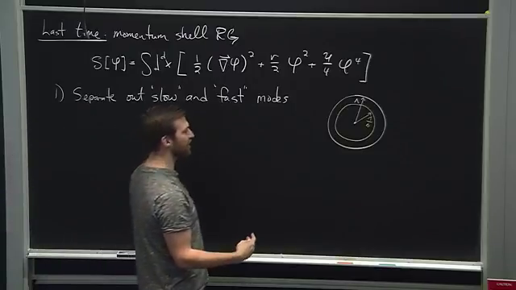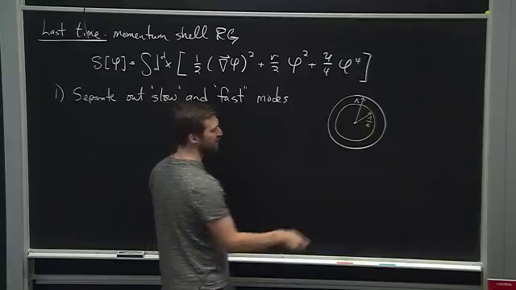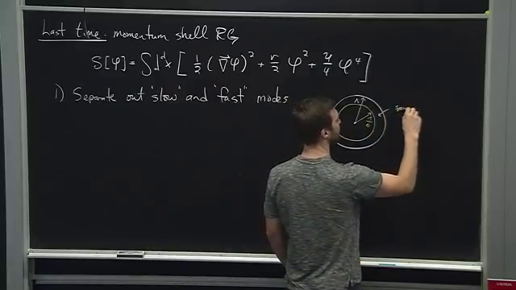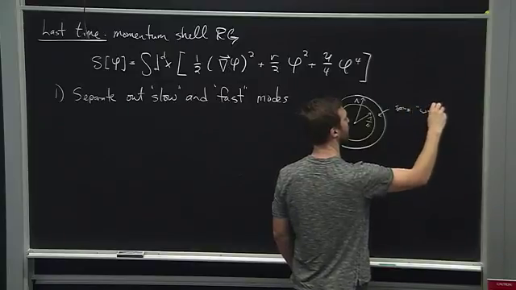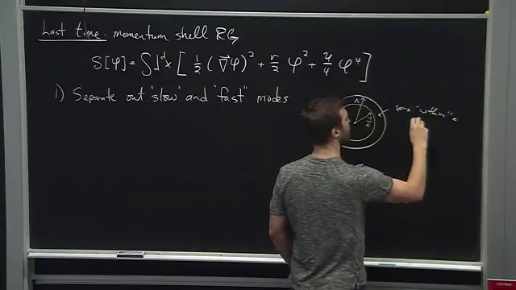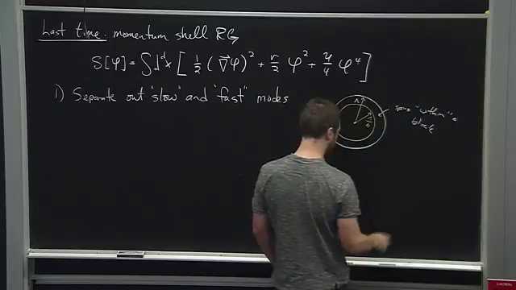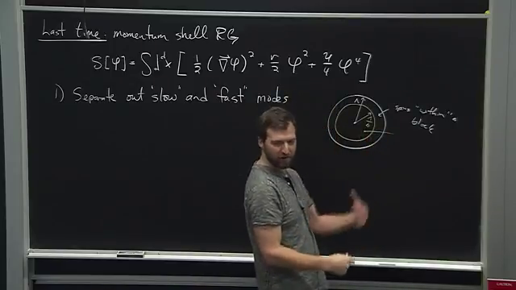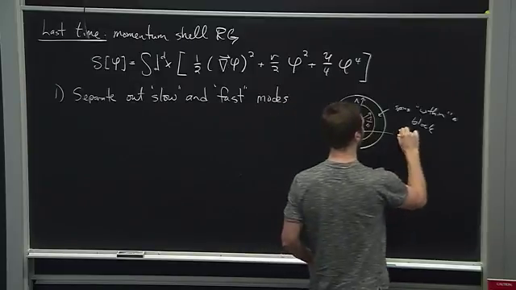So that's the analogy of, again, the spins within a block, and then the block spins, which are our new degrees of freedom after this RG step.